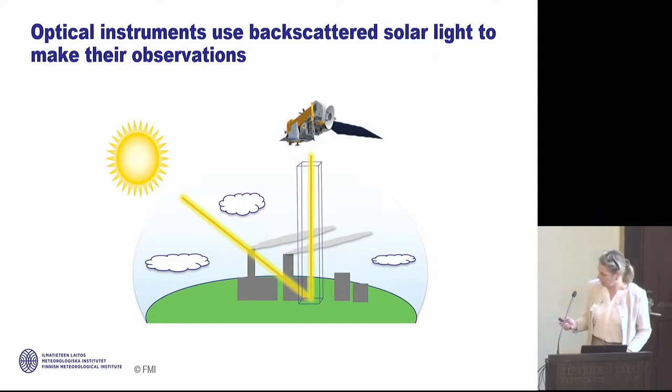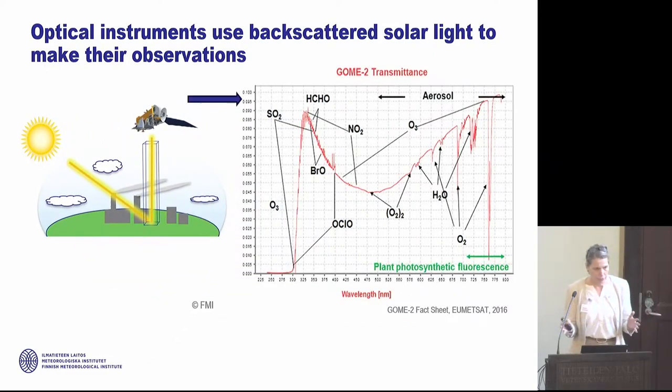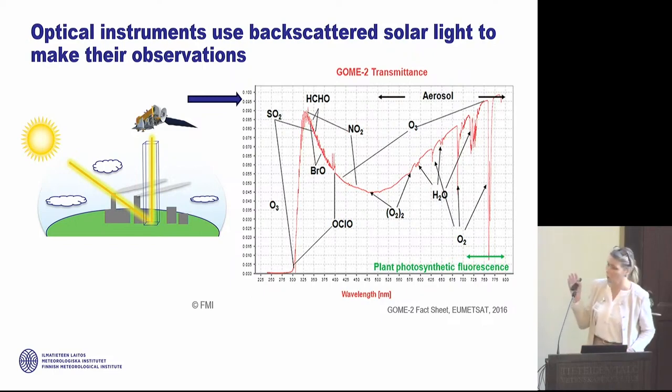And what the satellite then measures is a spectrum. Here with the optical instrument, in this example, it goes from UV wavelengths to the near infrared wavelengths, where all the gases in the atmosphere have left their fingerprints. And you can see in different places there are different gases that have left different features in this spectrum.